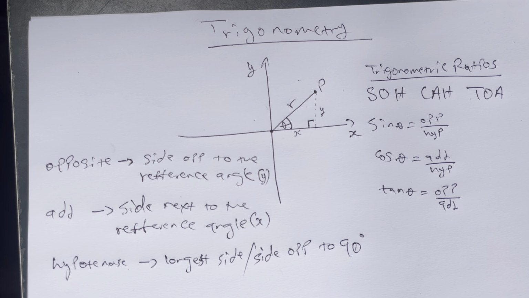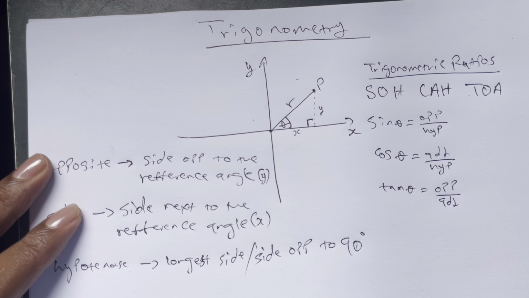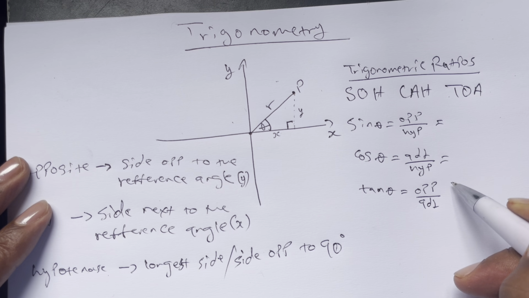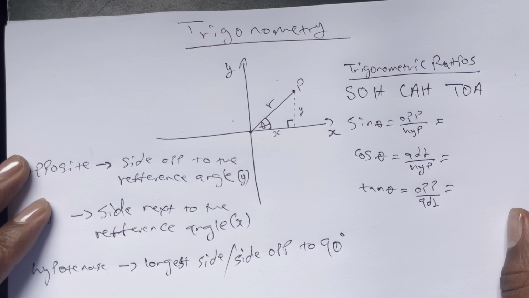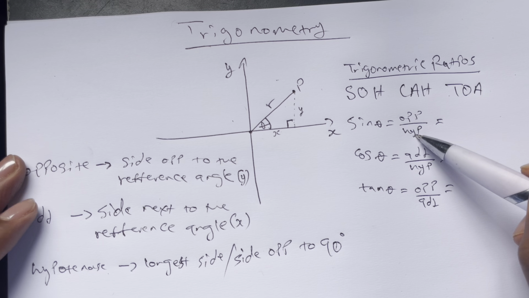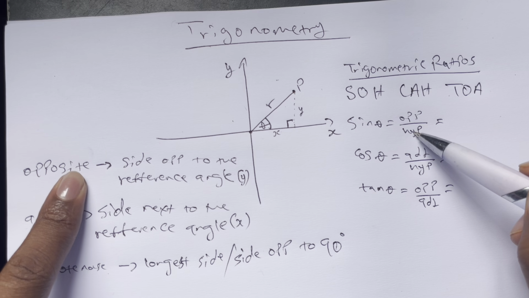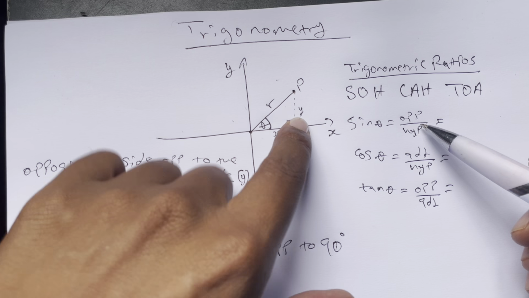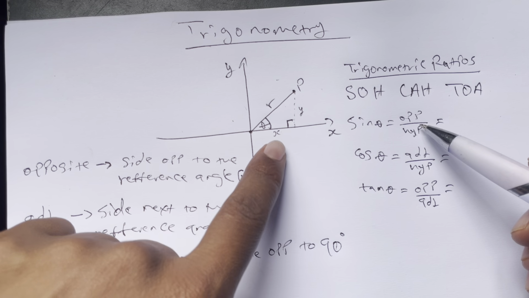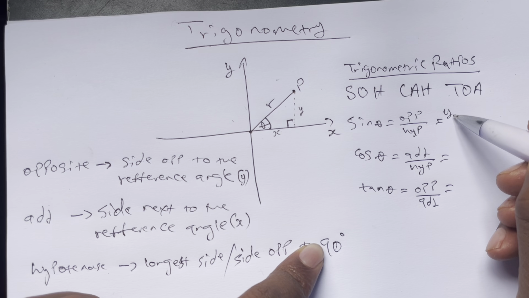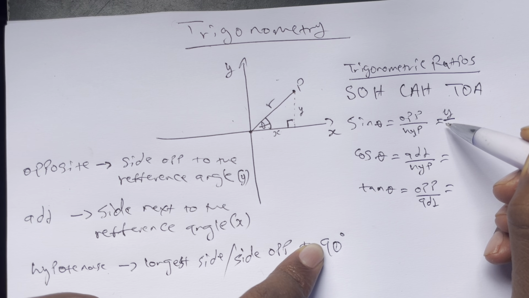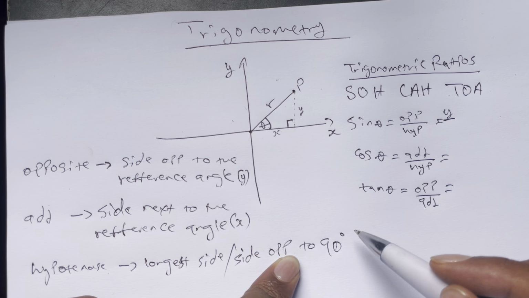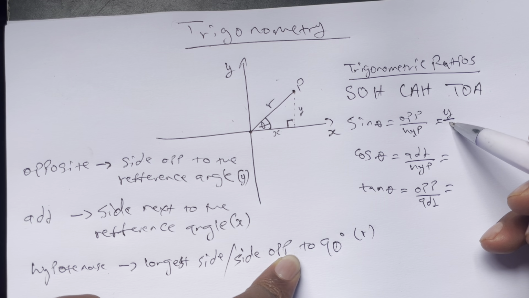Going forward, we express sine theta, cos theta, and tan theta in terms of x, r, and y. Sine is opposite over hypotenuse. The opposite side is the side opposite to the reference angle, which is y, and the hypotenuse is the longest side, so it's y over r.